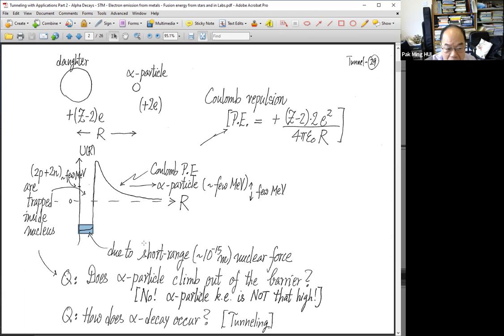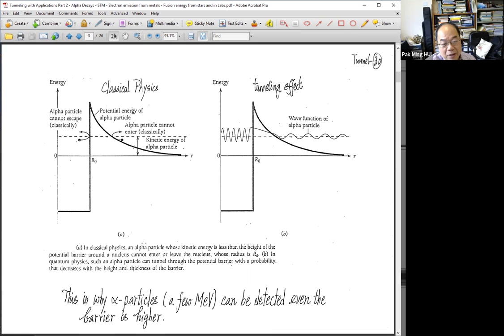So the idea now is to apply tunneling to explain some phenomena of alpha particle decay. So this is the cartoon picture. The left-hand side is what I just discussed. Alpha particle trapped. Energy is about this energy when it comes out. It may be a few MeV less in energy to go above the barrier, okay?